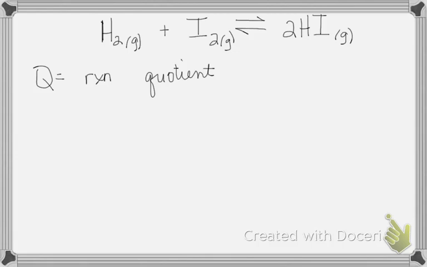How is Q calculated? It's calculated just like an equilibrium constant. In other words, to calculate Q, I would take the products divided by the reactants raised to the power of the coefficients.